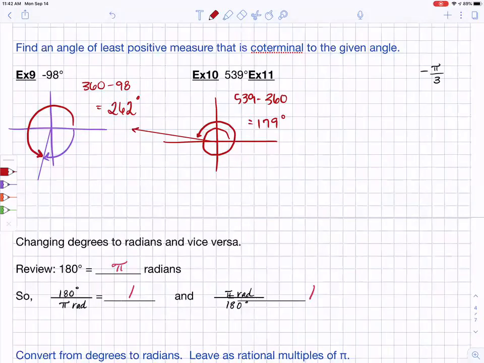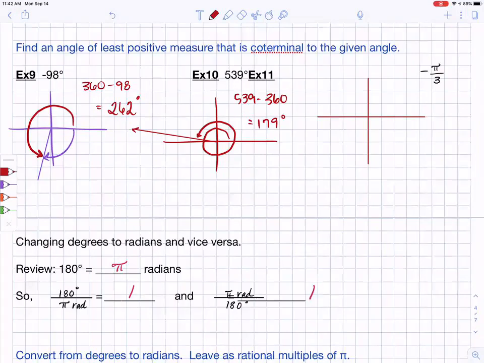Example number 11 is negative pi over 3. So take a look at your unit circle. You can describe this maybe in pi pieces or with spokes. Where is negative pi over 3? Two pieces where? How do I get there? Clockwise or counterclockwise?